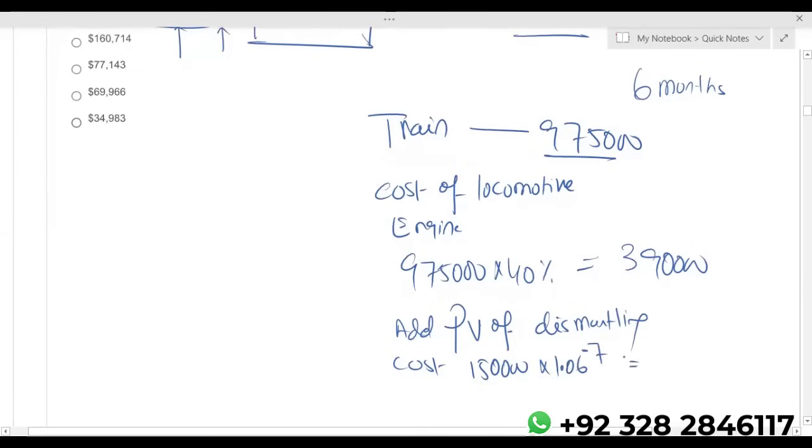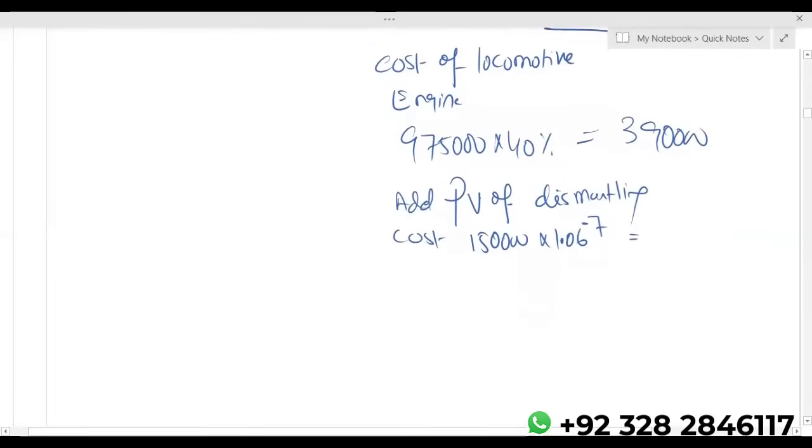At the end of the useful life of the engine, we have to dismantle this. Let me use a calculator. 1,50,000 into 1.06 power minus 7. I'm getting 99,007 with a little bit of rounding, 99,759.